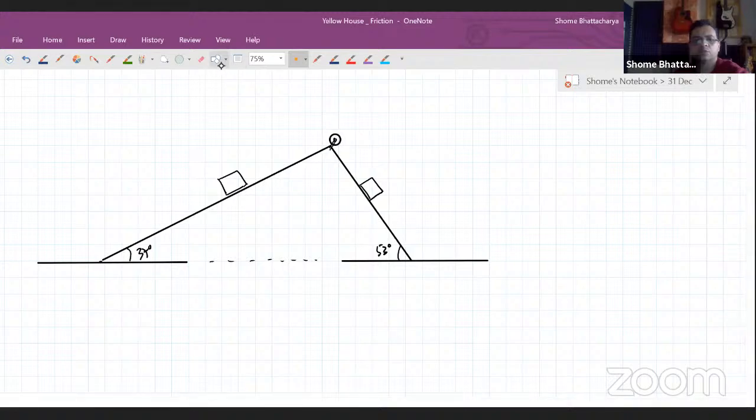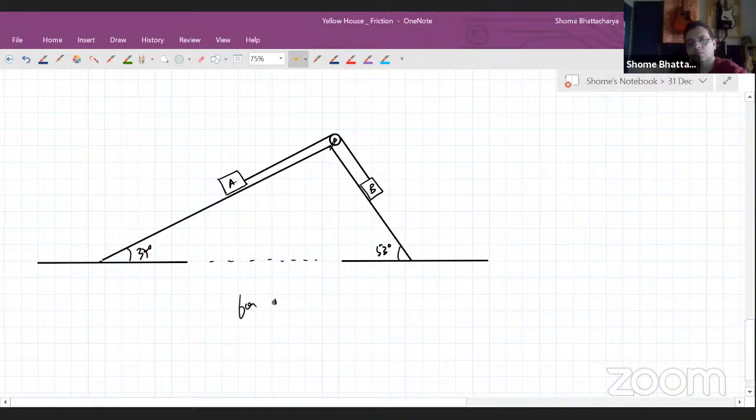And we have a fixed pulley over here, with a thread going around like this.